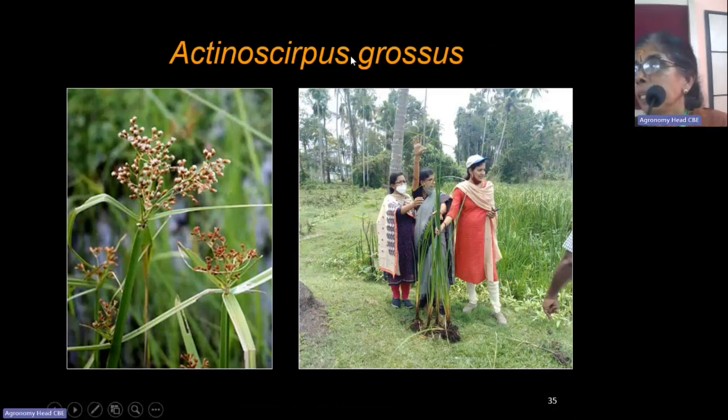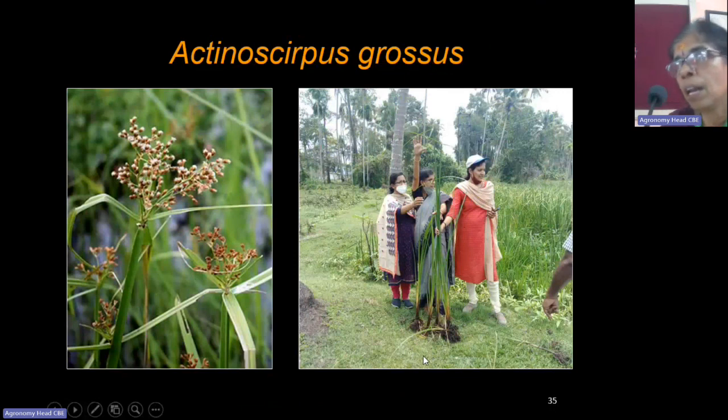See, this is a sedge which has invaded fallow land. See the height, up to my hand length. This is a sedge known as Actinoscirpus grossus. You see its rhizome.